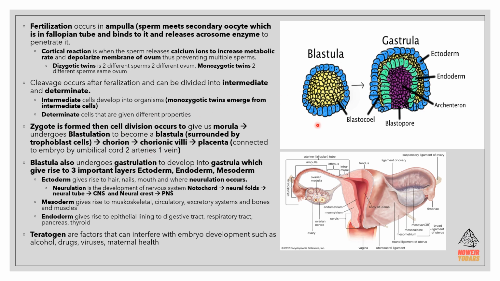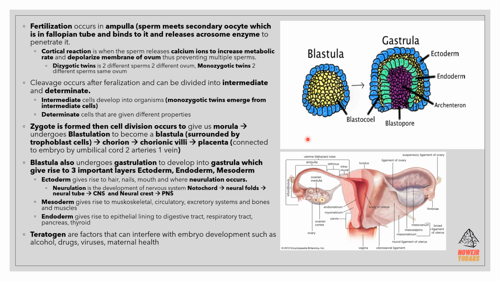And the blastula, as you can see this blue part, is surrounded by trophoblast cells. Then the blastula goes on and becomes chorion, and then it becomes chorionic villi, and then the chorionic villi becomes the placenta.